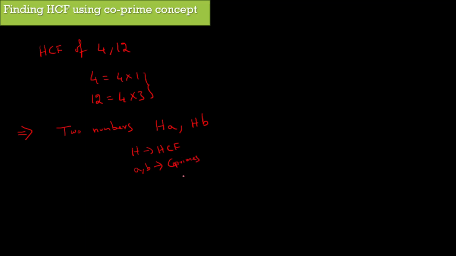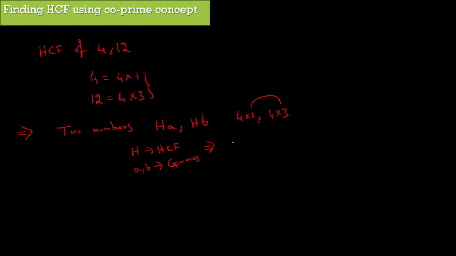If you see here, 4 can be written as 4 into 1, and 12 can be written as 4 into 3. So here A value is 1 and B value is 3. If it is ordered, we can take A value as 3 and B value as 1 also. Okay.